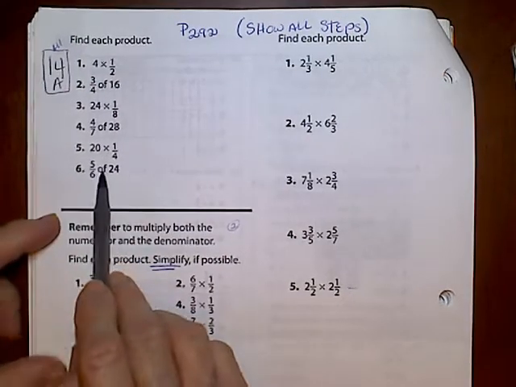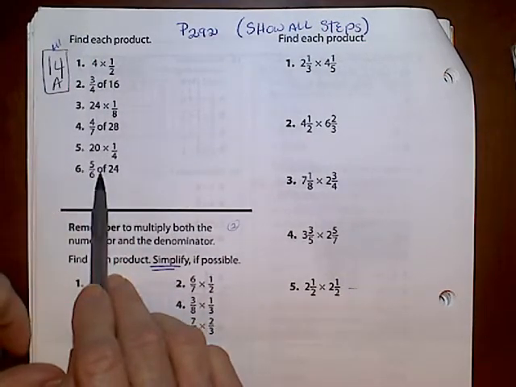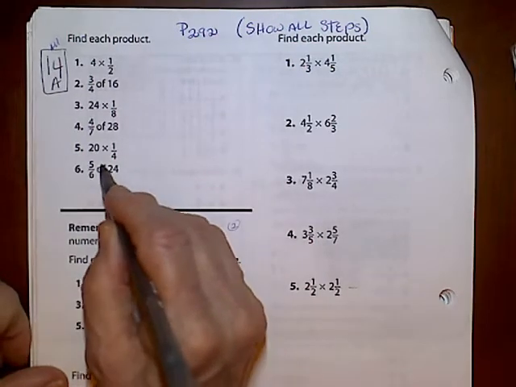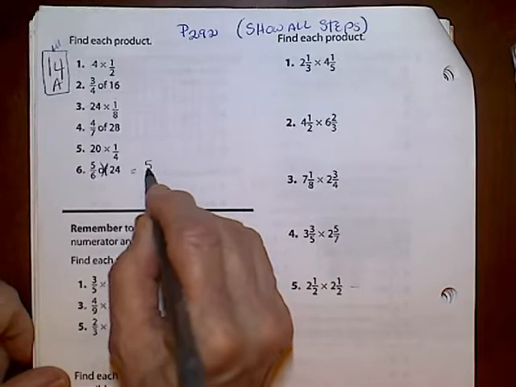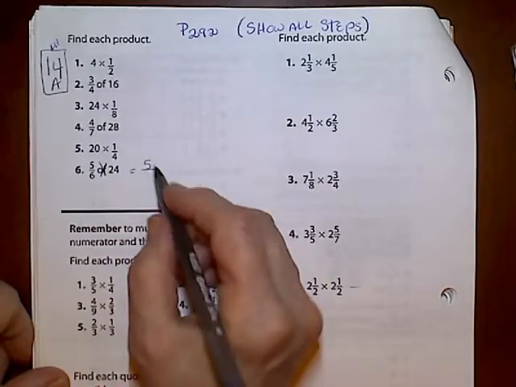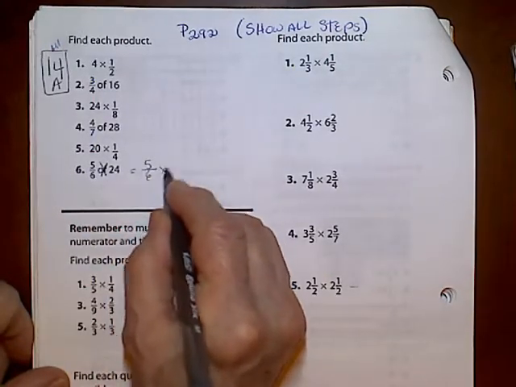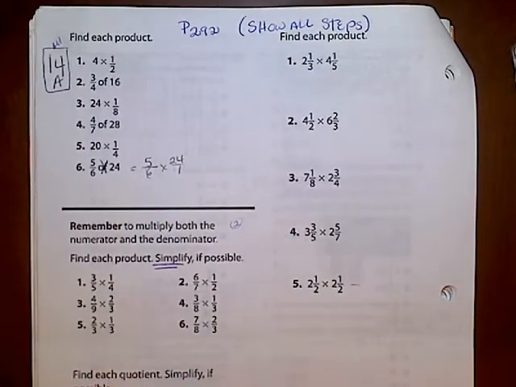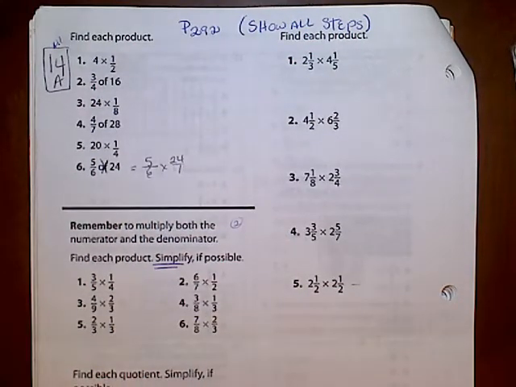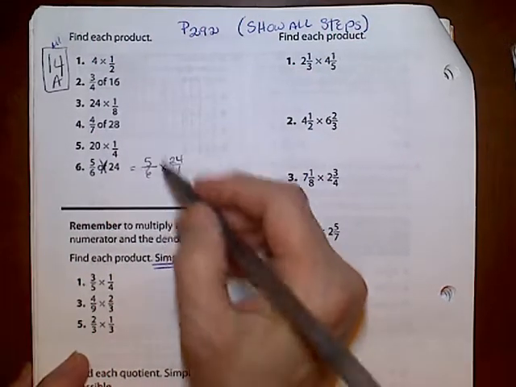So let's start with this one right here. This one has the "of." This is the only shortcut I will let you take: you can go ahead and put a times sign right here. And I'm actually going to rewrite this one so my problem is nice and clean. And here's the big thing that you need to show on this assignment and the next test: you are reducing if you can.